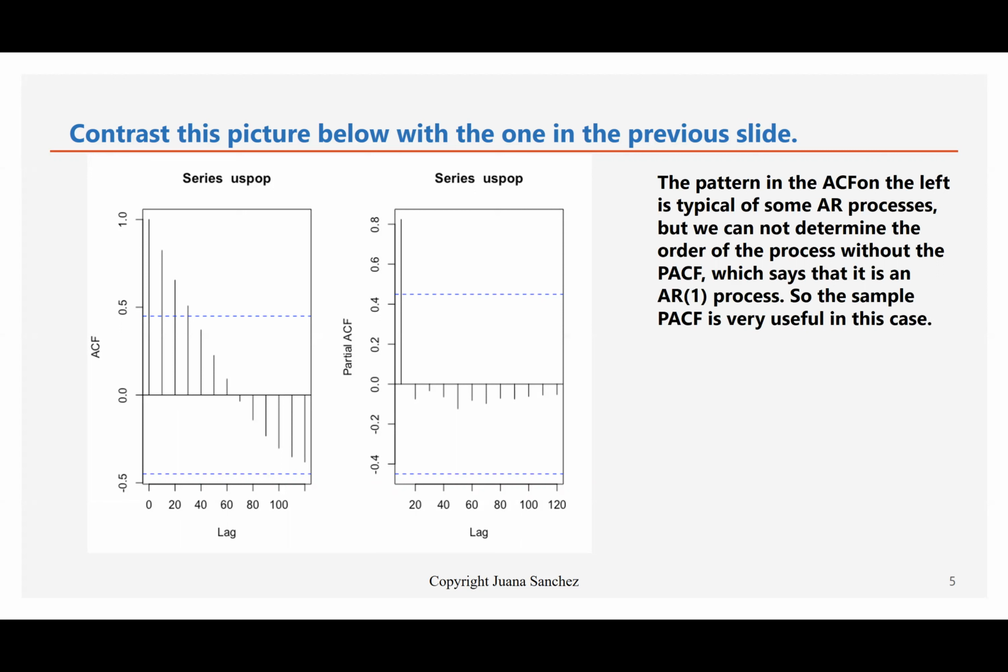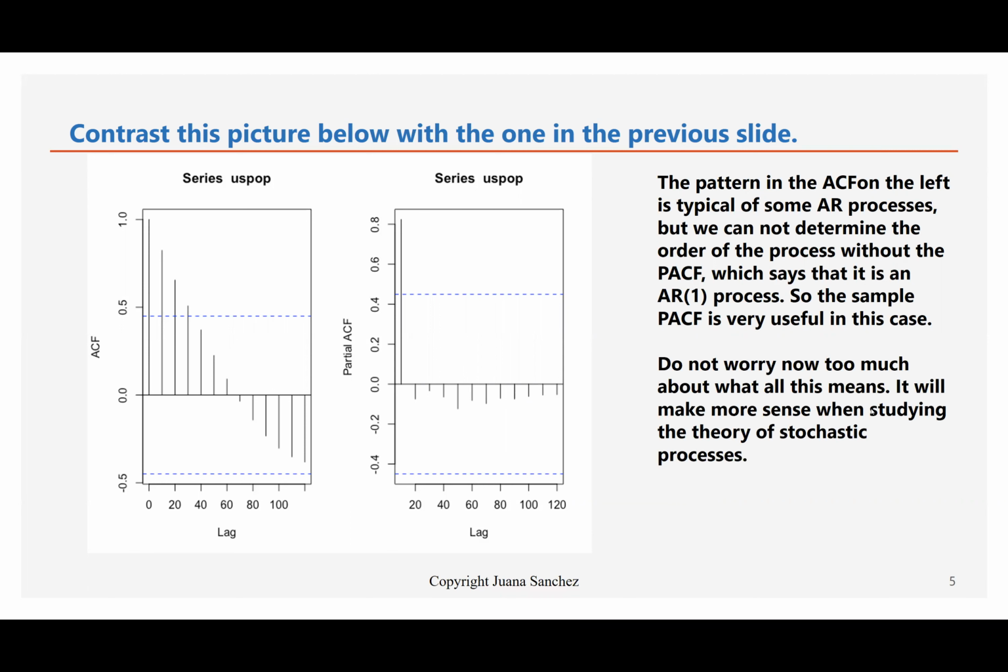But again, in this case, you might say, oh, we could choose order 3, but order 3 is kind of long already. If you choose just order 1 based on what you see in the PACF, then you'll do better. So that's what the PACF is for, to help us make our models smaller, particularly when the ACF is that of an AR process.